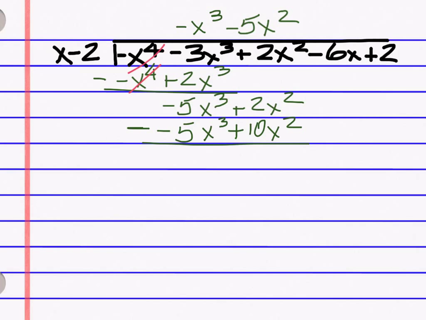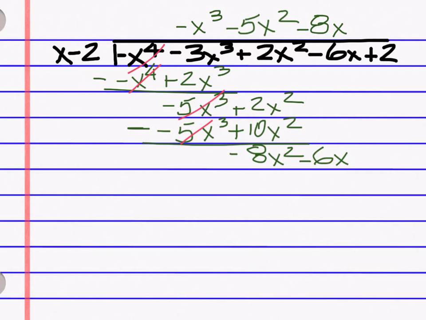Subtract. Those cancel out, and what's 2x squared minus 10x squared? Negative 8x squared, and now what? So I have to multiply this by what to get this? Negative 8x.